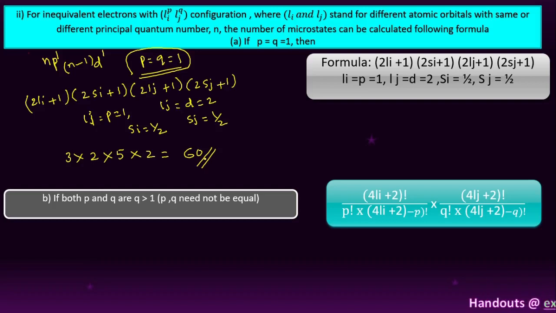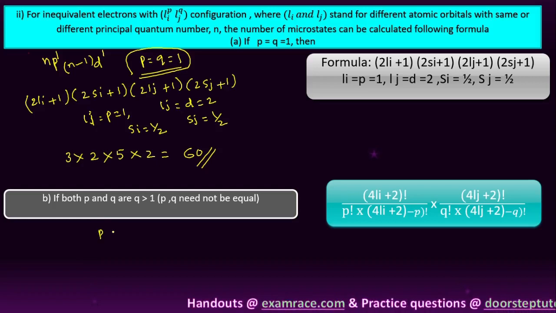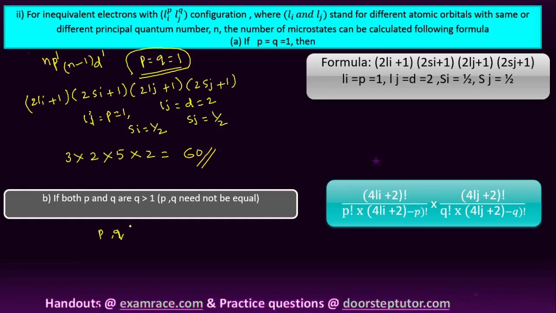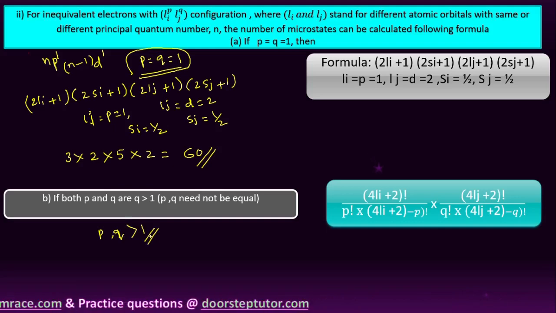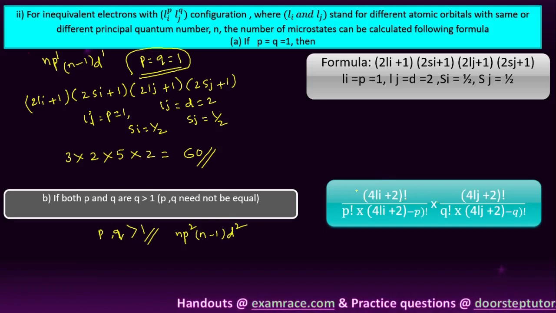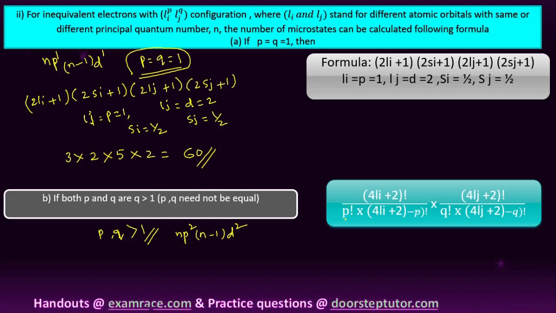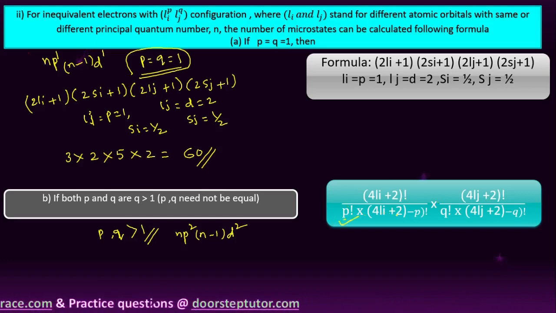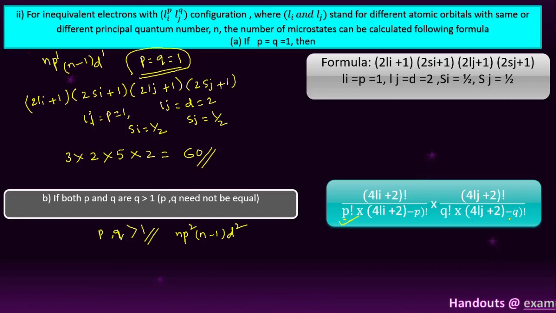Clear, right. Next we will move to the second concept: if the configurations have p, q greater than one electron. Generally this formula is applicable for np2 (n-1)d2 type of configuration. In this type of configuration we use the formula (4Li plus 2)! divided by p! into (4Li plus 2 minus p)!, into (4Lj plus 2)! divided by q! into (4Lj plus 2 minus q)!.